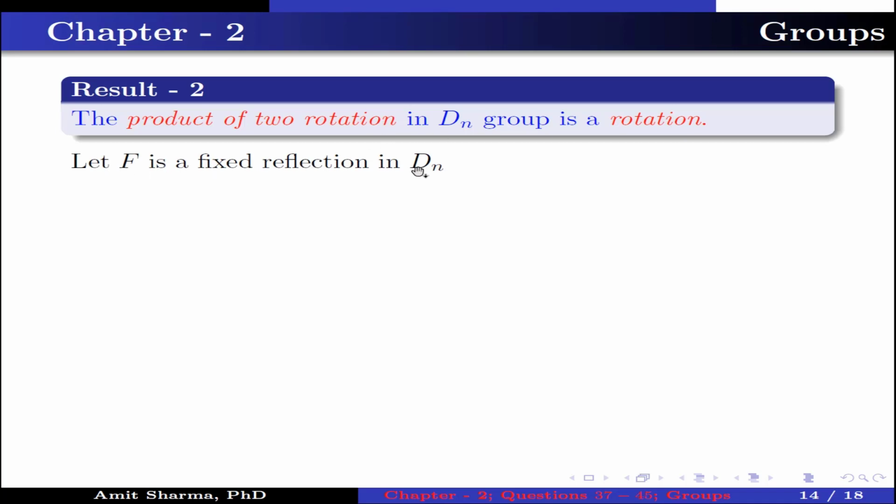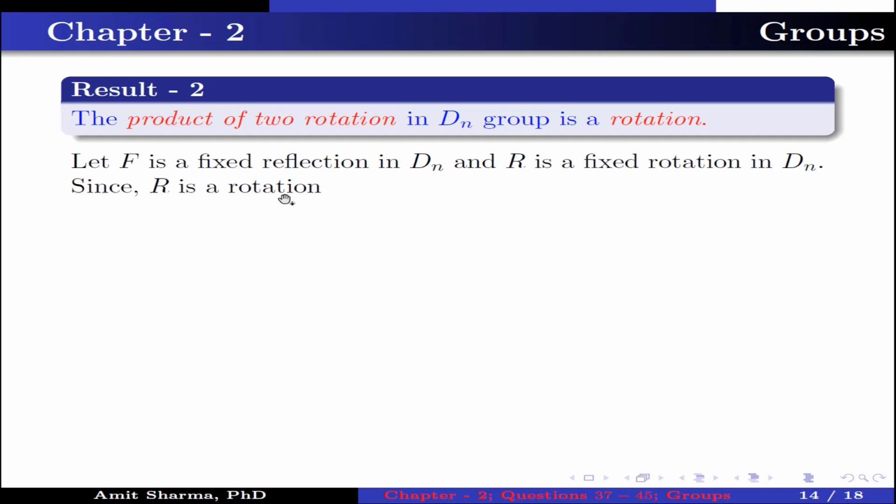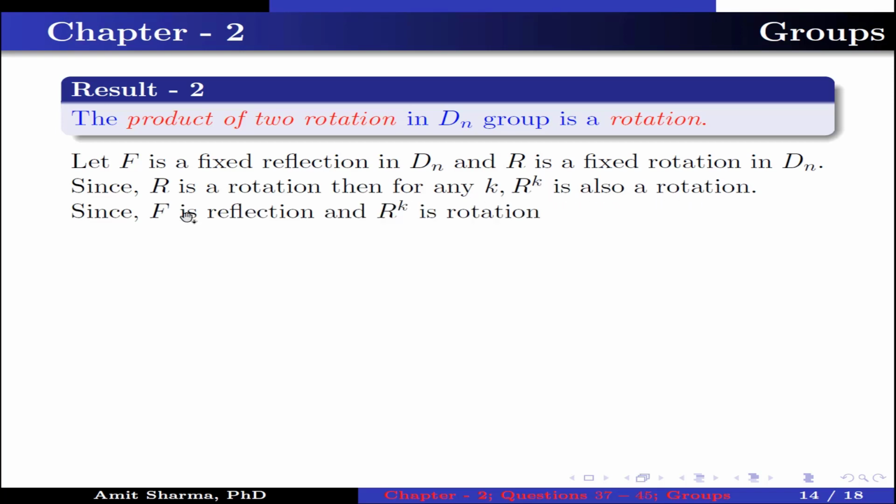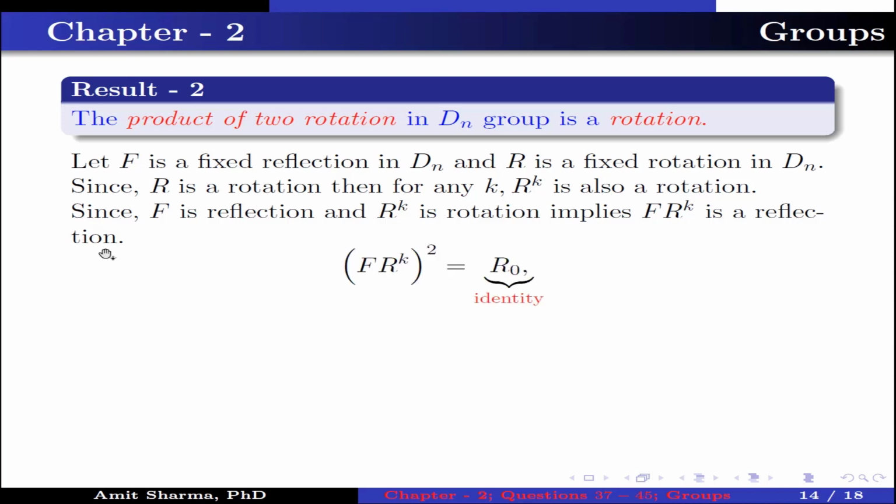Let F be a fixed reflection in Dn and R be a fixed rotation in Dn. Since R is a rotation, then for any k, R to the power k is also a rotation. Since F is a reflection and R to the power k is a rotation, this implies F into R to the power k is a reflection.